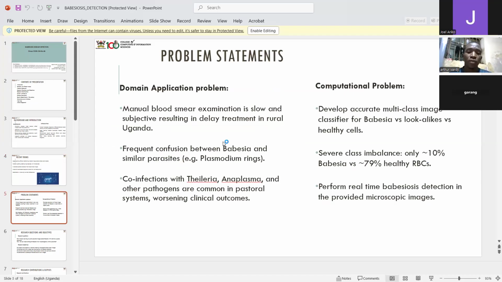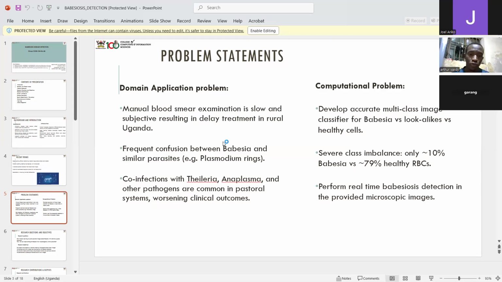So here's the problem statement. Our problem statement is categorized into the domain application problem and then the computation problem. Our domain application problems are the real life challenges that are being solved. For example, manual blood smear examination is slow and subjective, resulting in delayed treatment in rural areas, especially in northern Uganda.